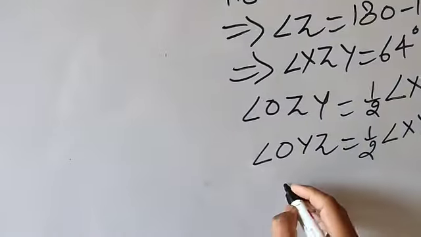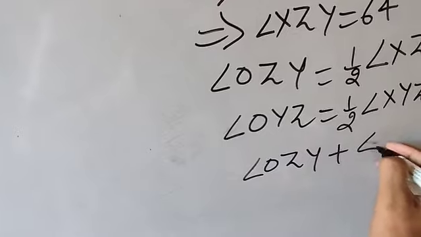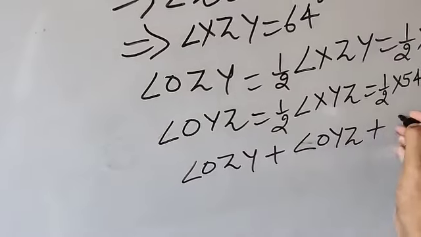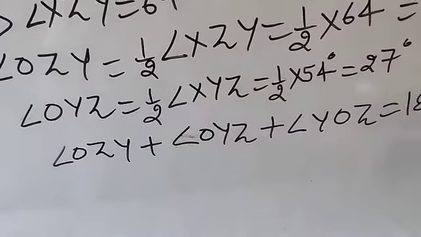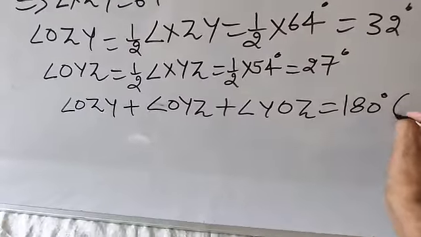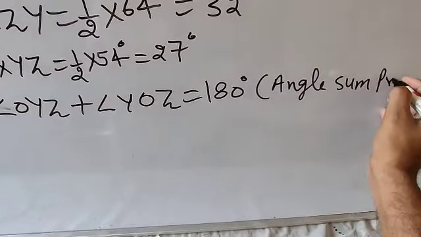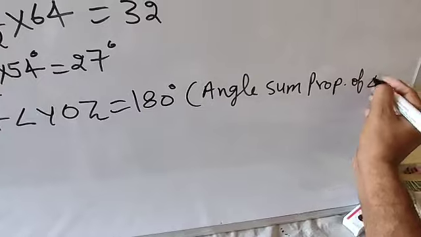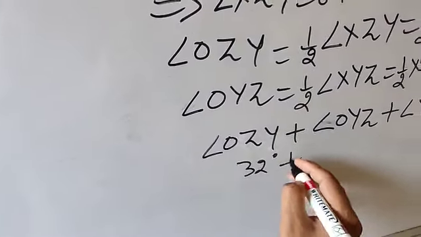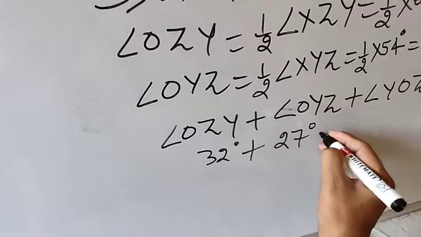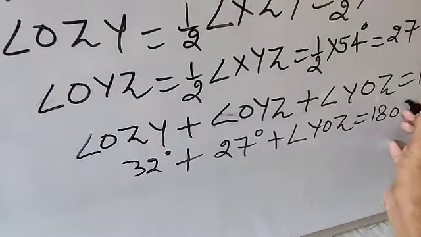So you can write angle OZY plus angle OYZ plus angle YOZ equal to 180 degree, again by angle sum property of triangle. So here angle OZY equal to 32 degree plus 27 degree plus angle YOZ equal to 180 degree.